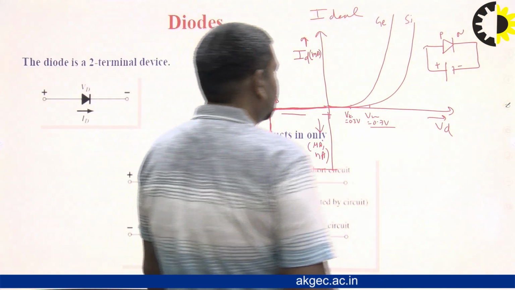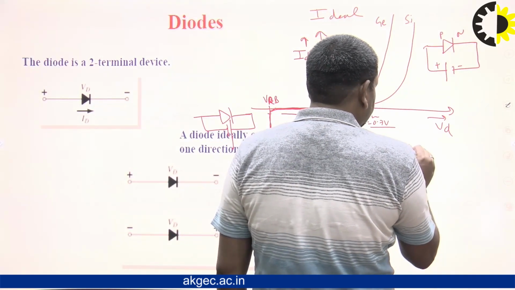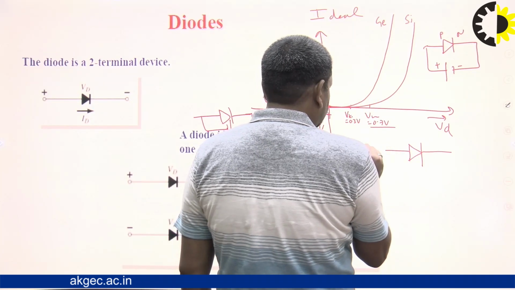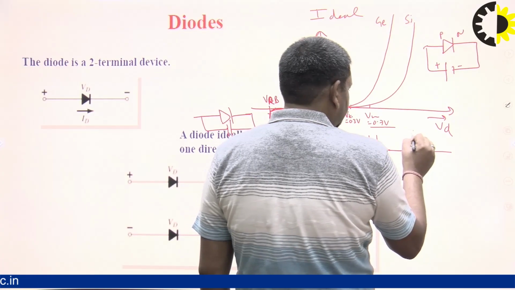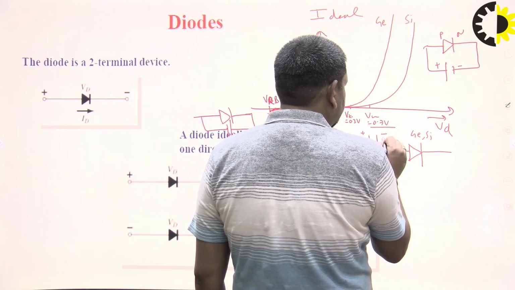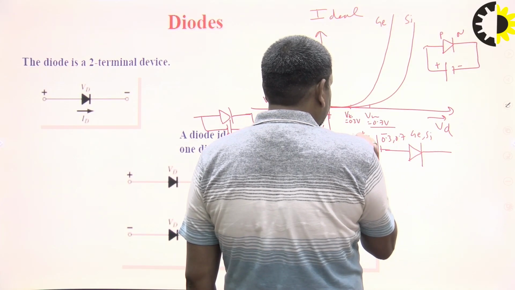But in the case of an ideal diode, what is the meaning of ideal diode? The previous was a practical consideration of the diode for germanium and silicon. The cut-in voltages are 0.3 and 0.7, and there is the diode resistance.